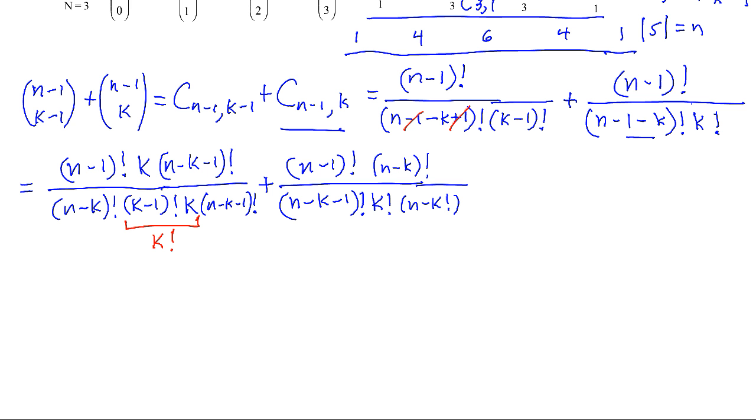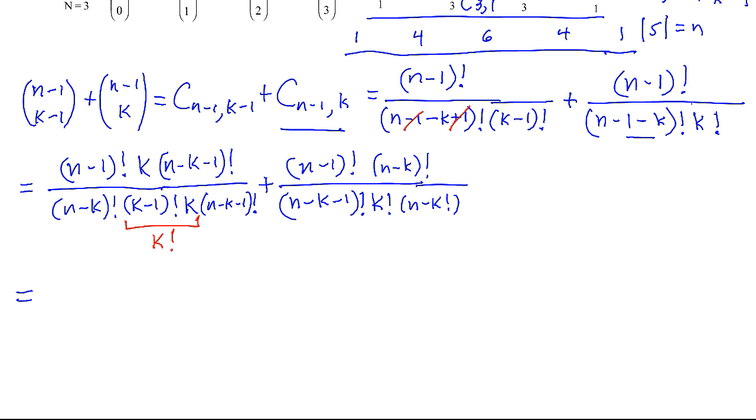I'm looking over at my other work here, and I'm trying to figure out what I did differently here. (n-1) minus (k-1), (n-1) minus k. And so let's just go ahead and follow this through.